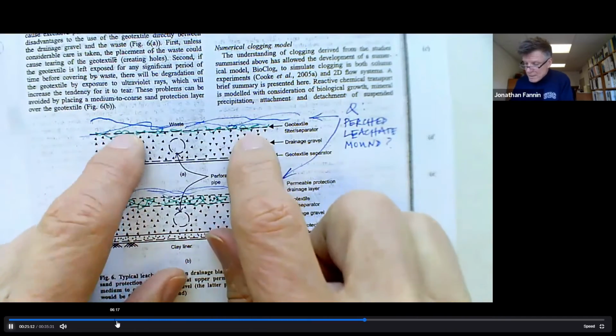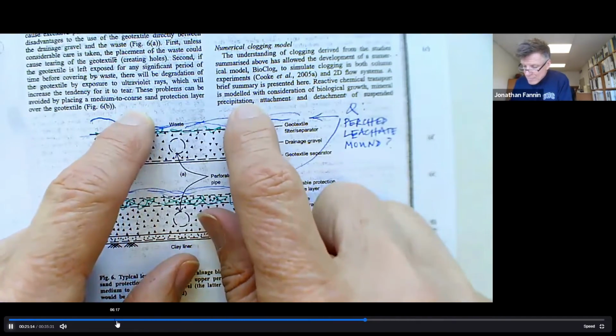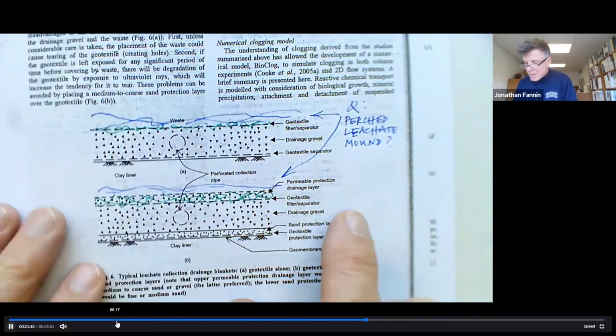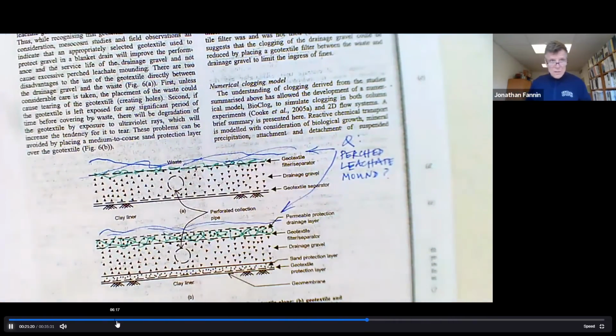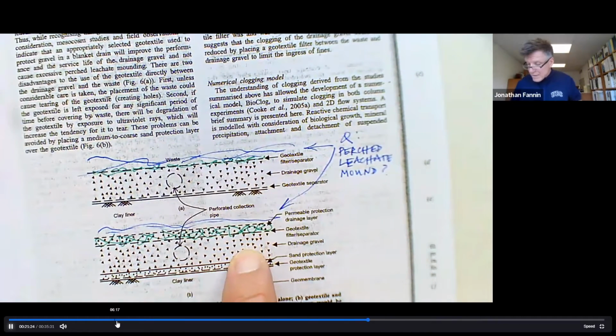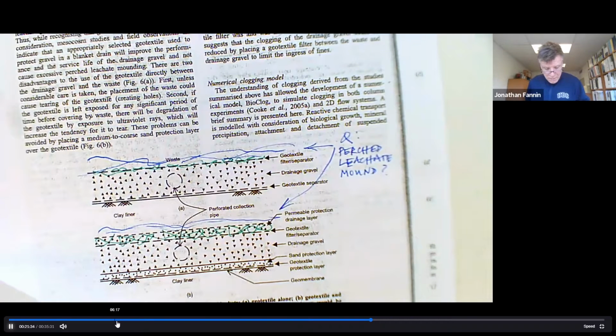And the understanding is that these will mound and then perhaps break through and drain off, and mound and break through and drain off. But that this process is more attractive than having the drainage gravel itself become clogged. So I guess that's the main comment that I wanted to make.